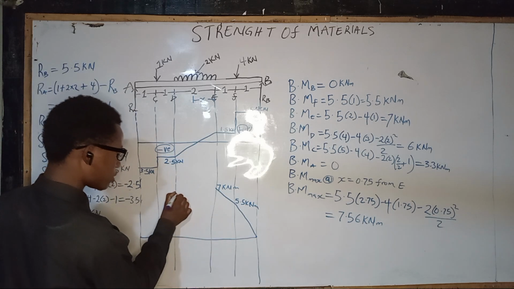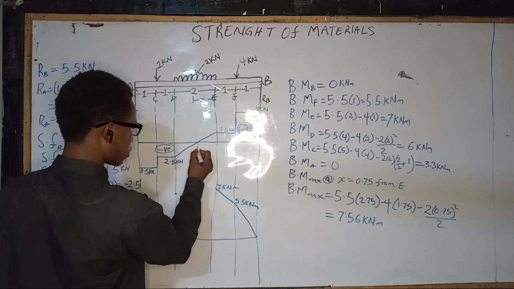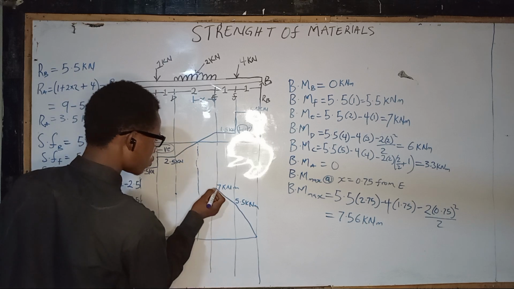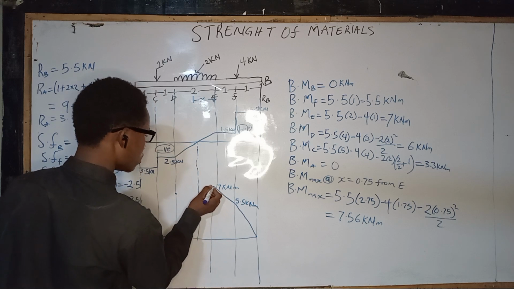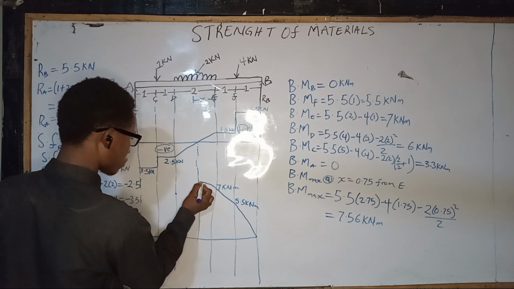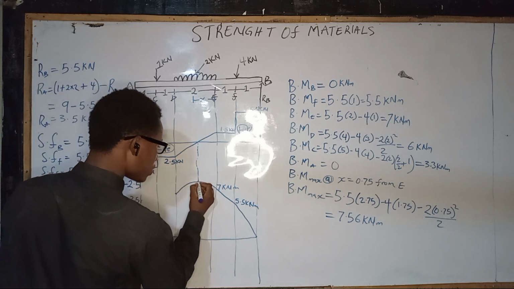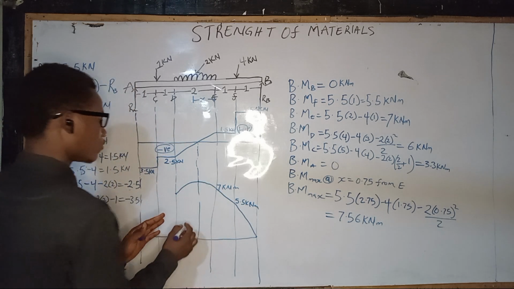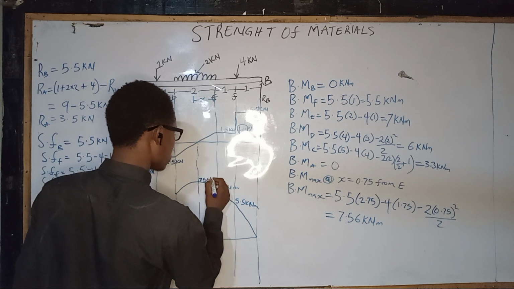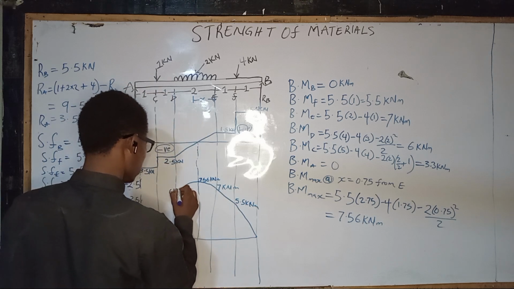Then at D here we have 6. So let's say this is 6, but this is going to be some kind of graph. Let me trace this point down here. So now this point here is where it is going to be the highest. This is going to be like a curve. So this point here now is the highest point of that curve, which is 7.56 kilonewton meter, and this is 6 kilonewton meter.